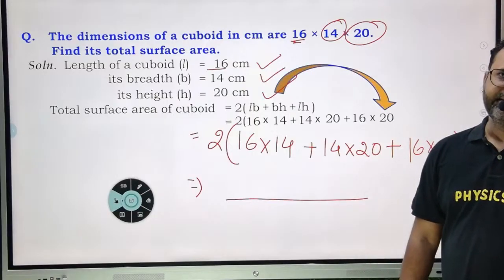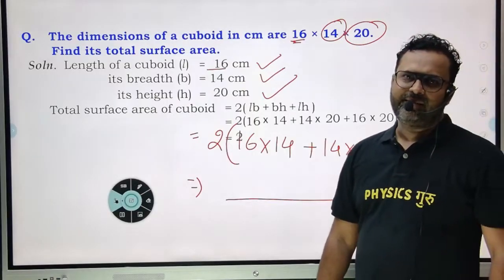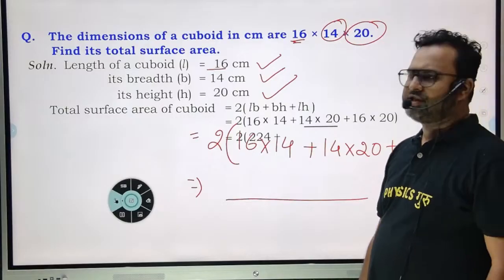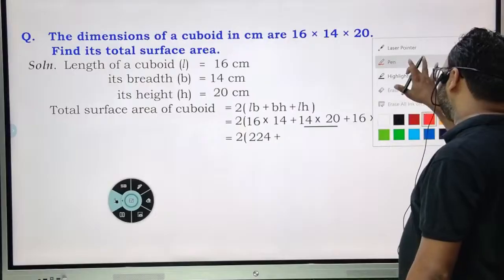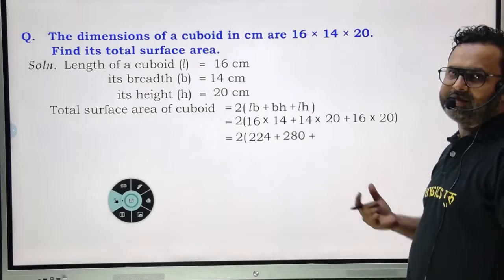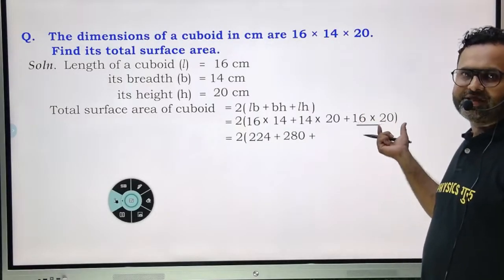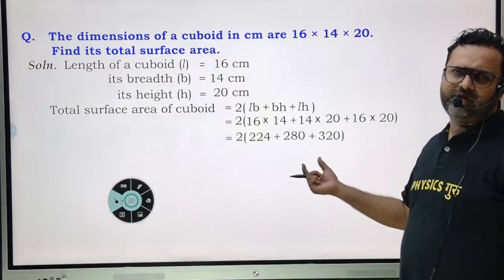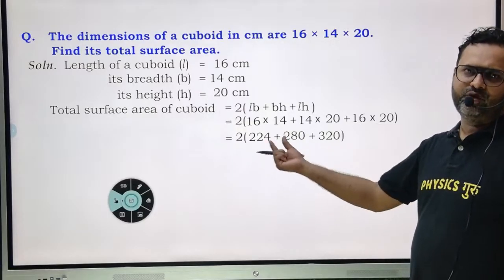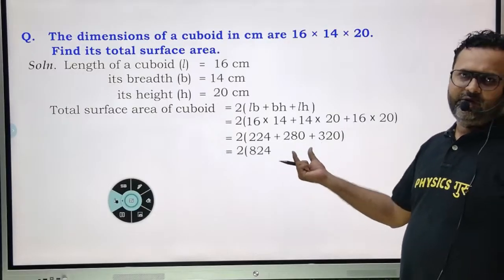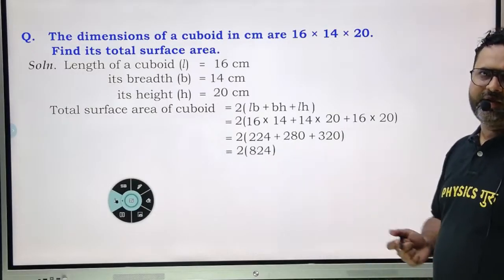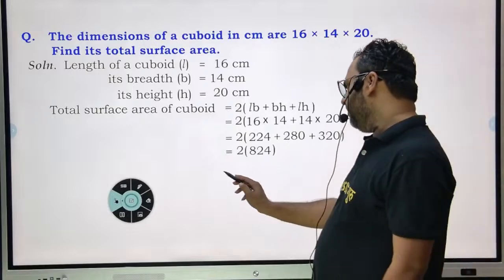Simply multiply. So 16 times 14 is 224. Similarly, 14 times 20, that is 280 basically. 16 times 20, that is 320. Now simply add them. 224 plus 280 plus 320, that is how much? 824. 824 multiplied by 2.